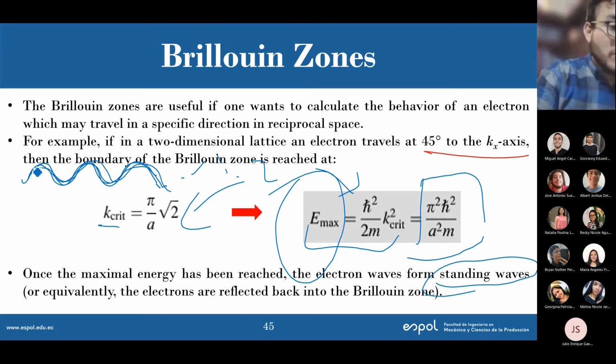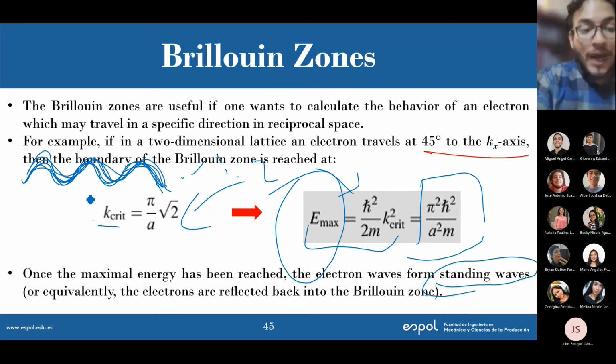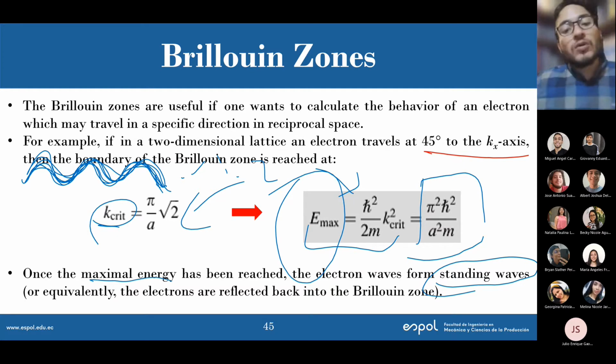It just keeps moving there happily, but whenever it reaches the critical value, it will reach the maximal energy, and it will be reflected back into the brilliant zone. It's like reaching the boundary of the brilliant zone. Is that clear, guys?